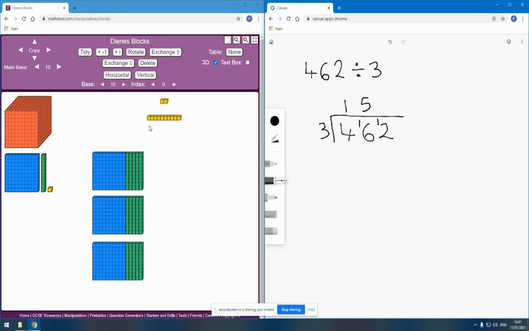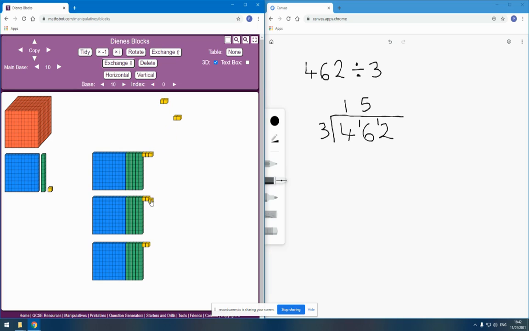And again, what I can do now is share those 12 ones equally across my 3 shares. So I can share those ones. I can share those ones, and I can keep going.